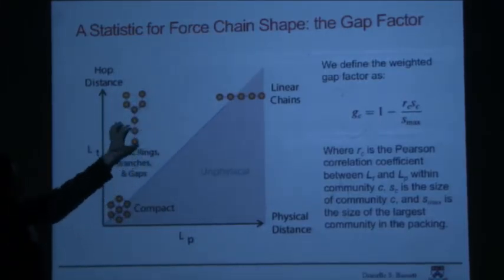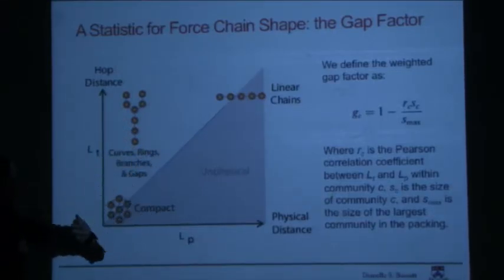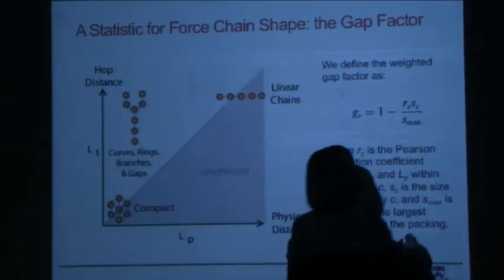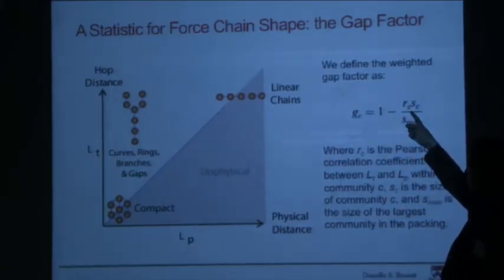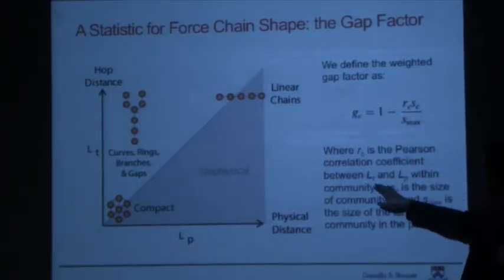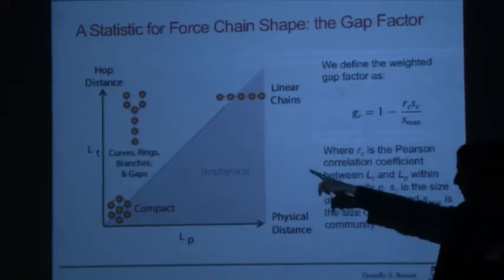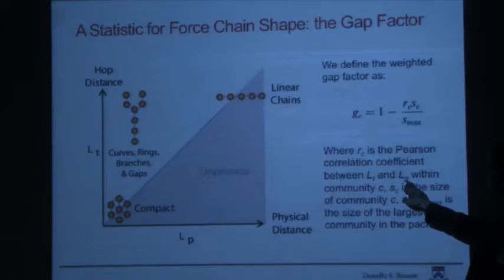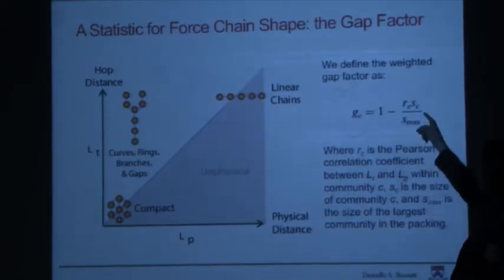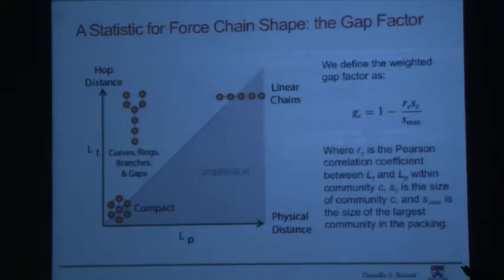In order to quantify that, we defined this gap factor. The gap factor here is defined as 1 minus RC, which is the Pearson correlation between the two axes there, so the hop distance and the physical distance inside of a community. We weight that by the size of the community divided by the largest community inside of the packing.